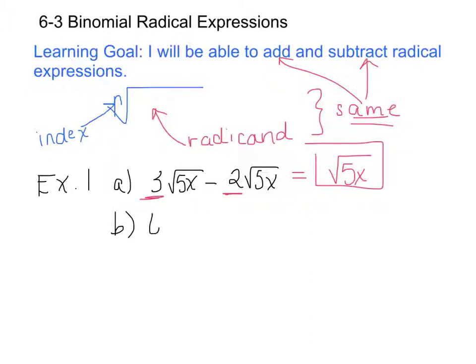So let's try another one. If you notice, my terms are not the same, my indexes aren't the same, and my radicands aren't the same.